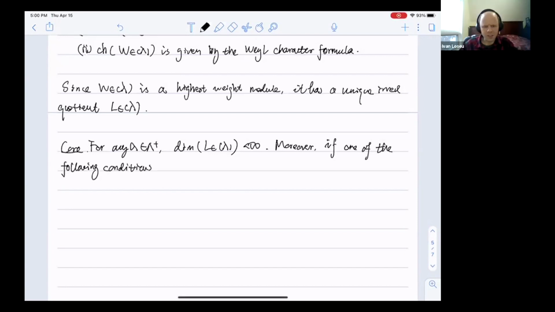Are you sure these conditions will be corollaries of what you already stated? So this condition will actually be the condition for lambda such that the Weyl module W epsilon lambda has its character given by the Weyl character formula.